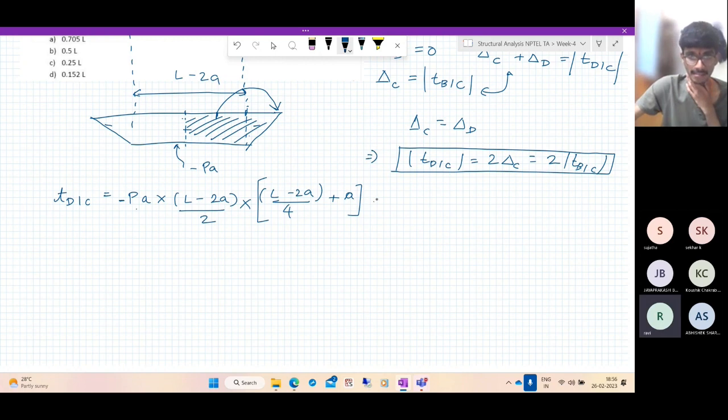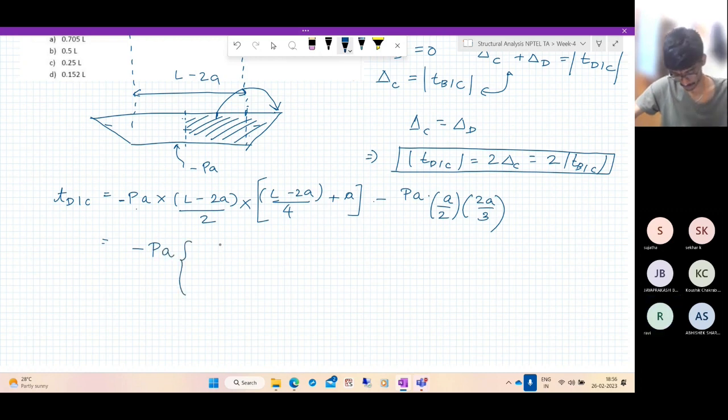And there is a part coming from the triangle, which is minus PA acting over A by A, and you need to take half. And then where is the centroid of this triangle? 2A by 3. So if you simplify it, let me give the simplified expression.